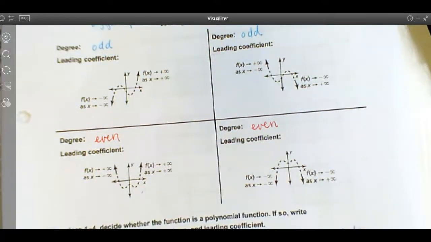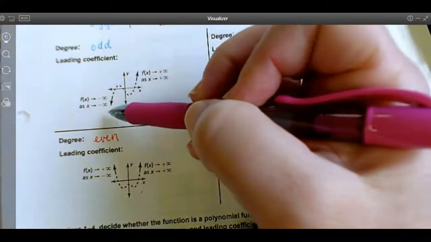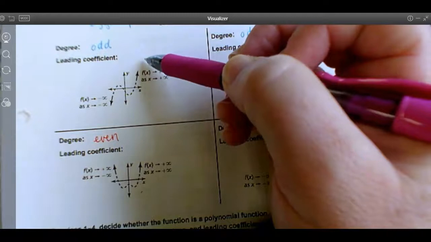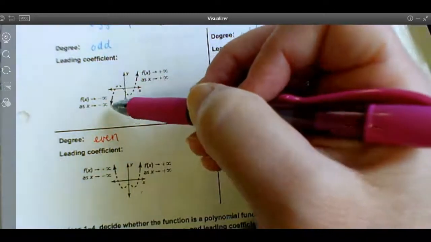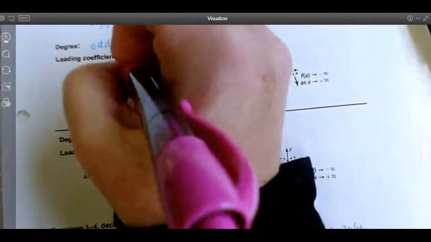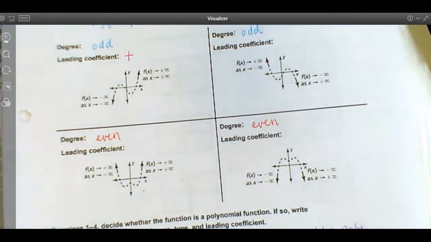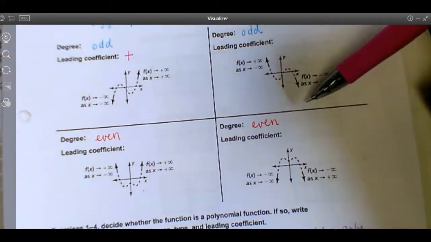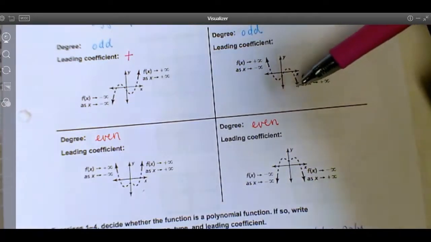Now, to determine what the leading coefficient would be, basically whether it would be positive or negative, you look again at the graph. This graph starts down here and goes up. It's kind of increasing, even though it goes down a little bit. That's sort of increasing, which makes the leading coefficient positive. This one comes up here and then goes down, that one's sort of in a decreasing pattern.